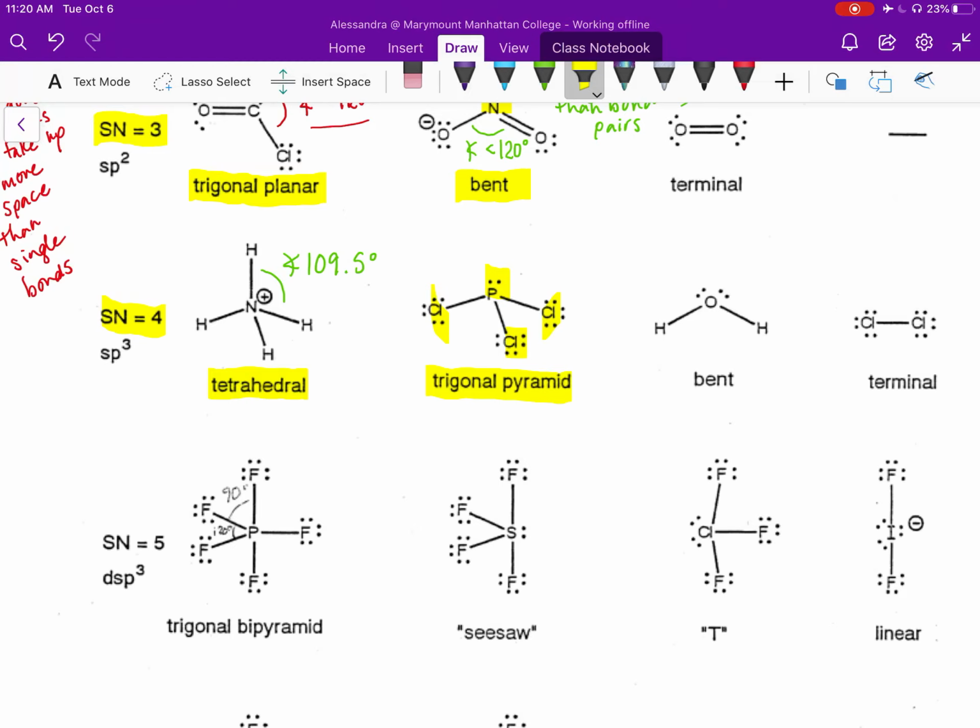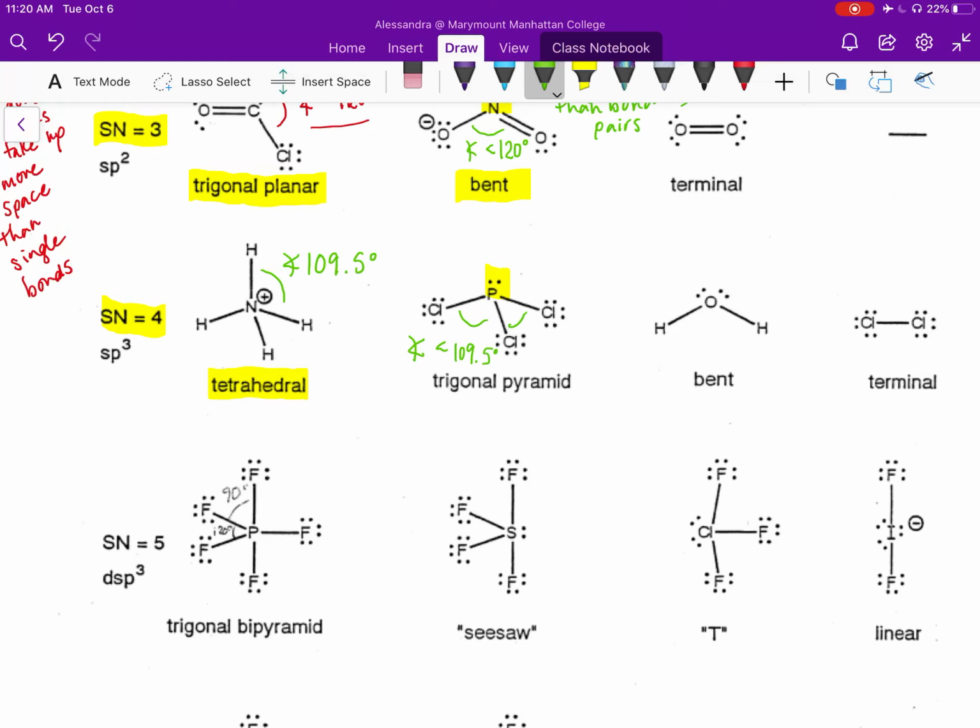Now, because lone pairs occupy more space than bonding pairs, that's going to compress these angles so that they're going to be a little bit less than 109.5 degrees. Okay, and again, that's because the lone pair on the central atom occupies more space than the bonding pairs. Okay, so those angles are going to be a little bit squeezed in.